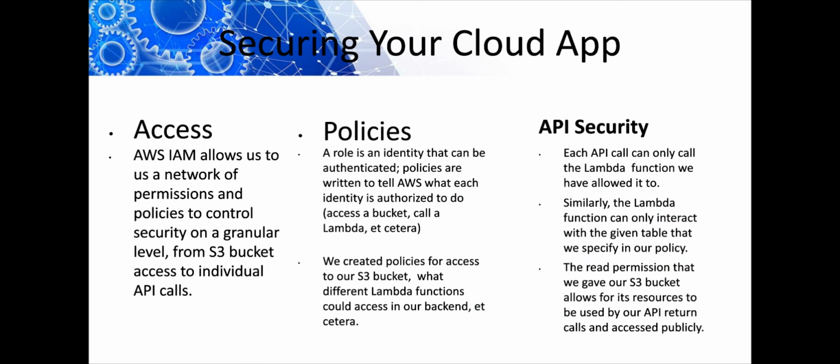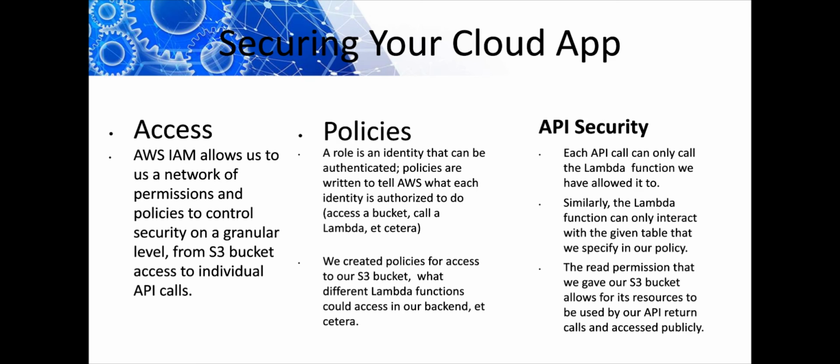In terms of security, Amazon IAM, which is Identity and Access Management, allows us to really get down to a granular, fine detailed level and control not only who can access certain system resources, but even what system resources can access other system resources and do.